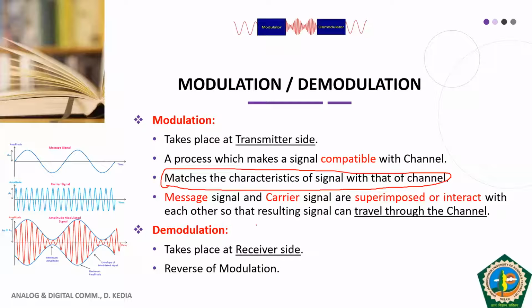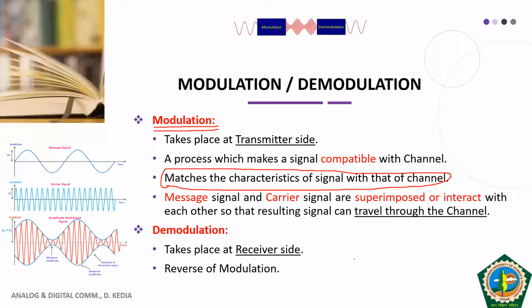If your channel supports high frequency signal, you cannot transmit low frequency signal through it. If your channel supports low frequency signal, you cannot transmit high frequency signal through it. So the characteristic of the channel and the characteristic of the signal that you want to transmit must match. That matching is important. And who does this matching? Modulation. And who does this modulation? Modulator.